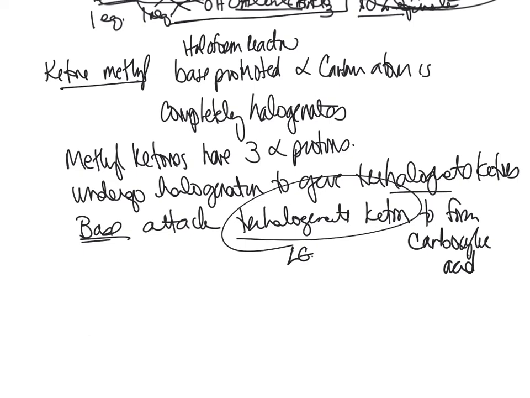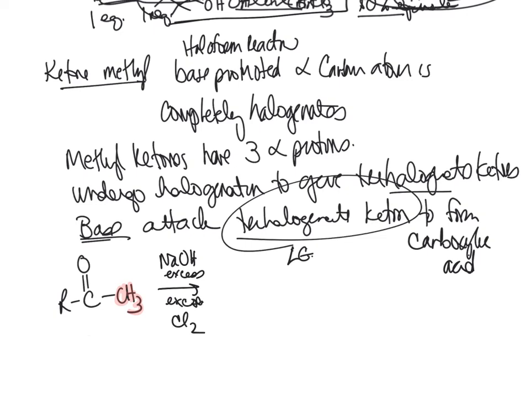Okay, so just to reiterate this, we'll do it with an R group. Here's your methyl ketone, okay? You would basically have this in base, and you would have excess, let's say, chlorine. This would form, if you didn't have to draw the reaction mechanism, that's the product of that.